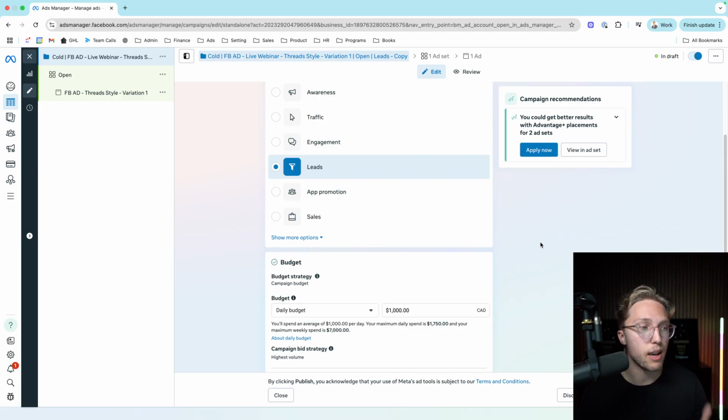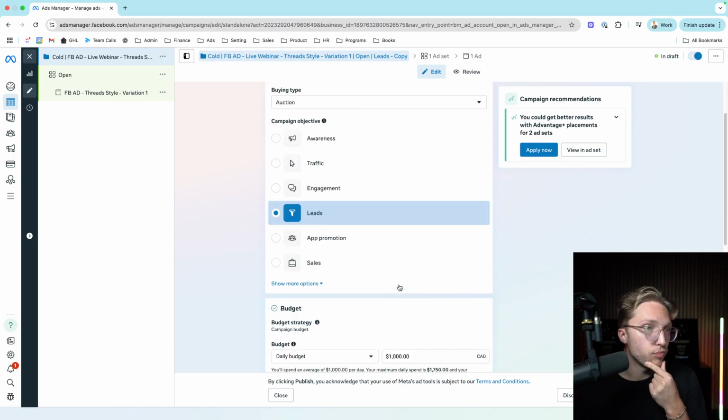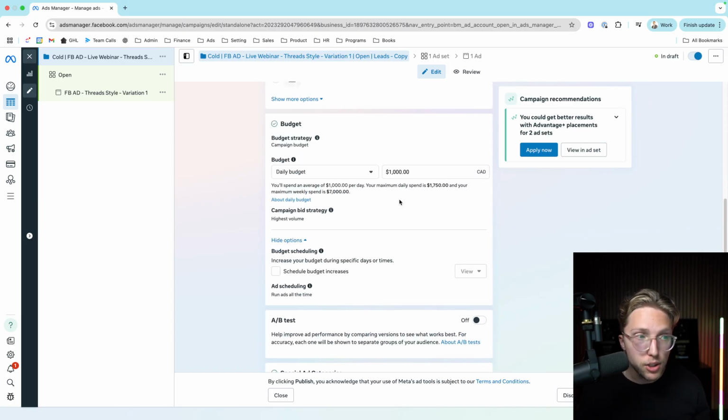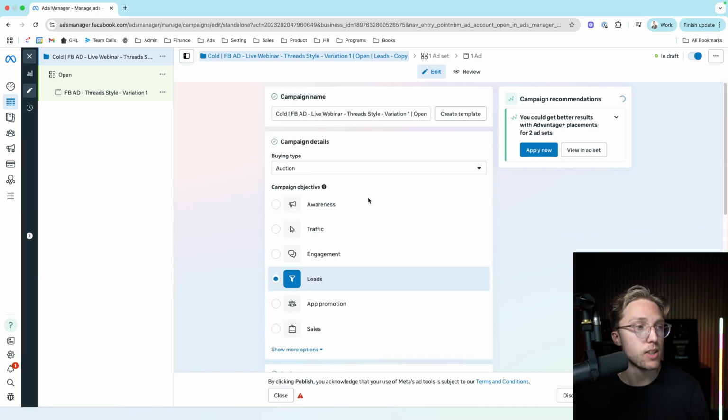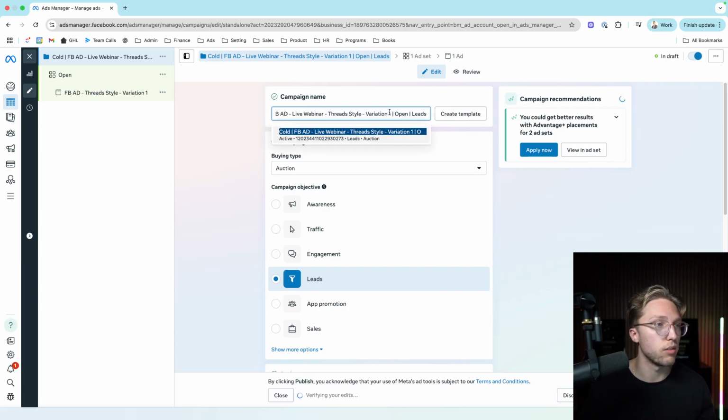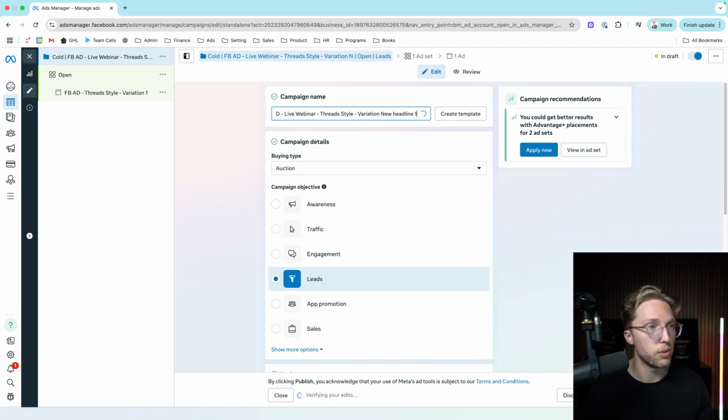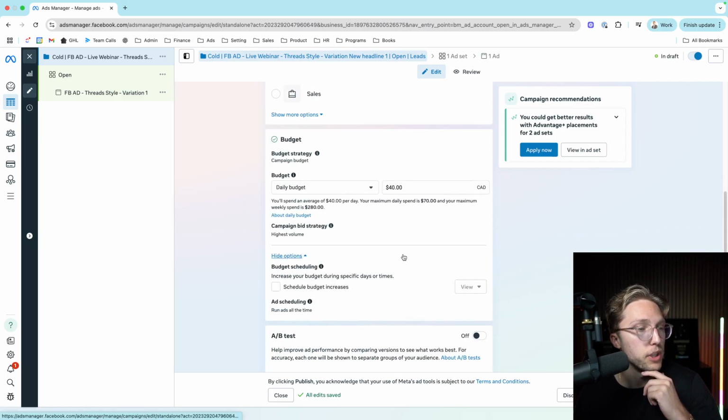Sometimes I'll duplicate a campaign like this that's already working, and spend $600 a day right off the gate. But this is a relatively new campaign. I'm going to test a new headline. So variation, new headline 1. I'll just spend $40 on this one.